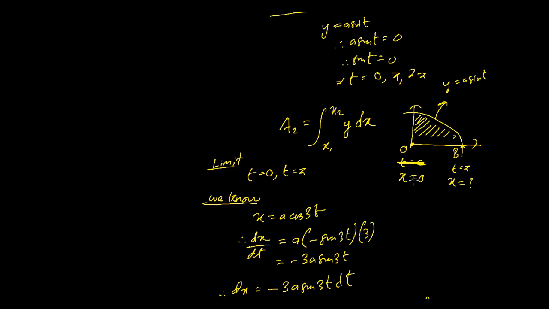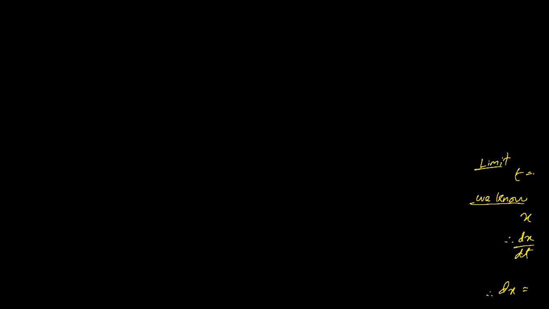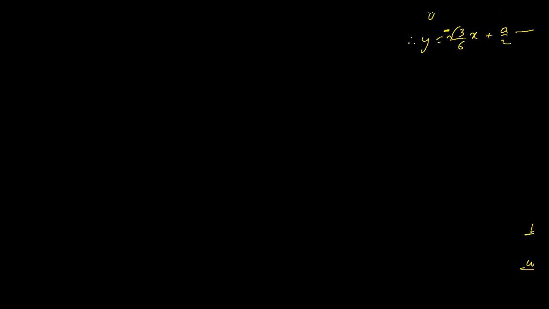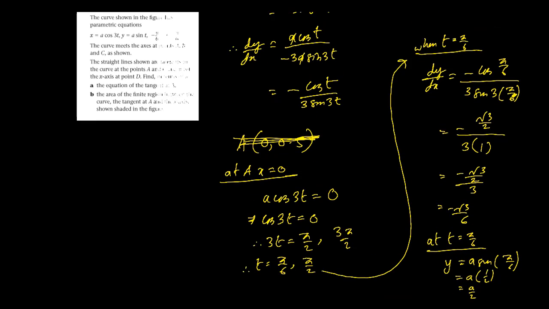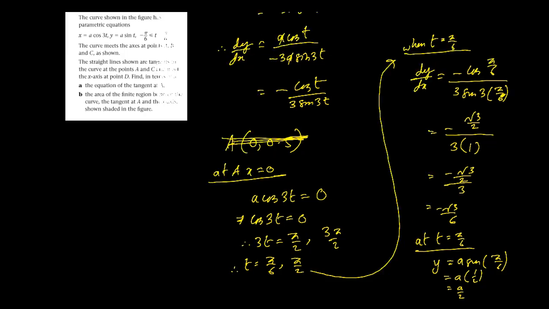So I think we have already done this. If we review what we did before, yes, we already know when x equals 0, t equals pi by 6. I didn't notice this because the board was here. So when x equals 0, one of the limits was x equals 0. Since we have already found this, we have to plug this in first.